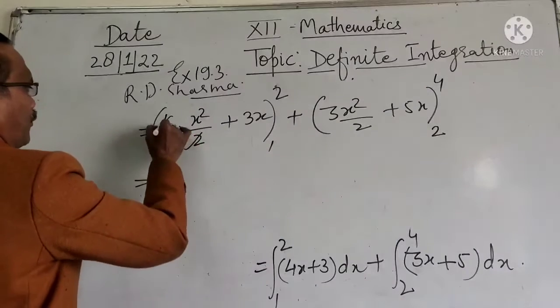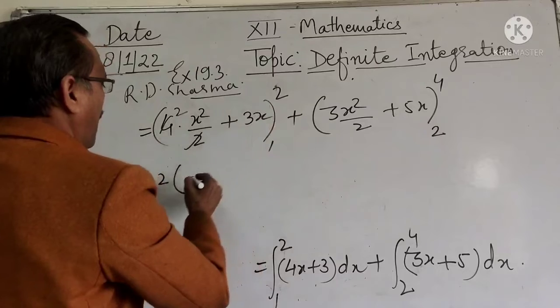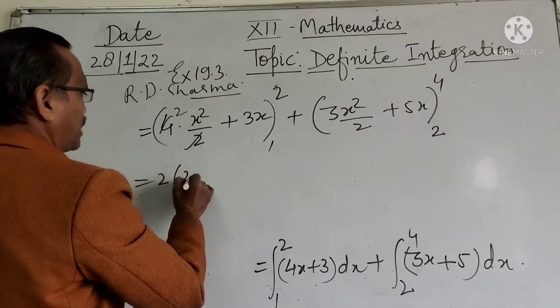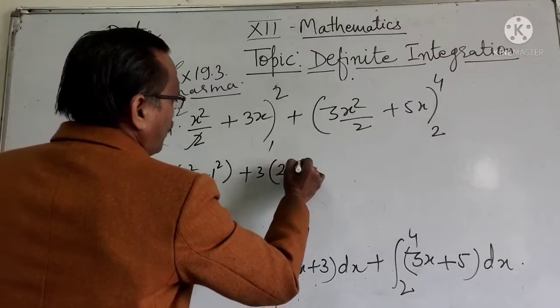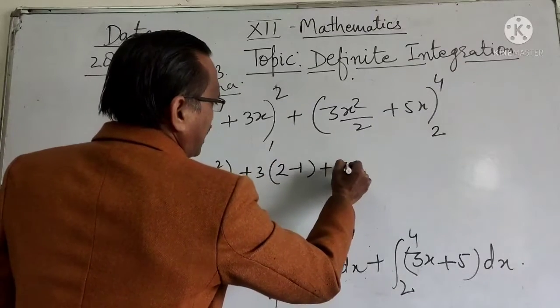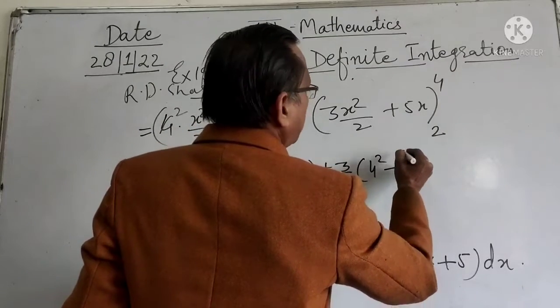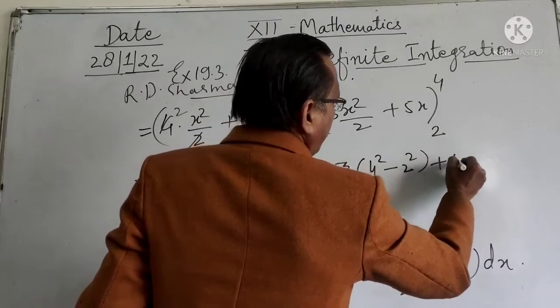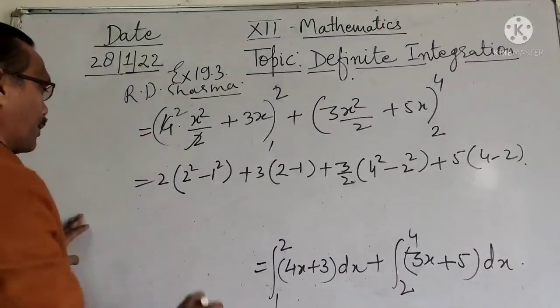Now we will apply the upper limit minus lower limit. It is 2 square minus 1 square plus 3 into 2 minus 1, plus 3 by 2 into 4 square minus 2 square plus 5 into 4 minus 2. Now we will simplify it.